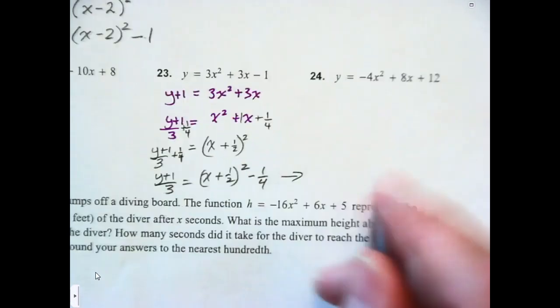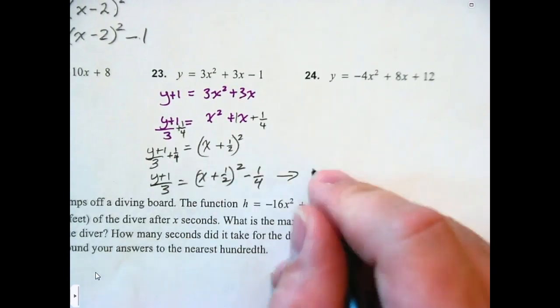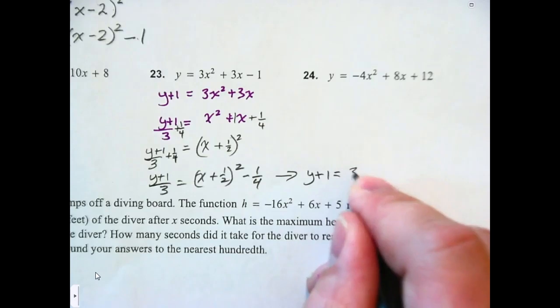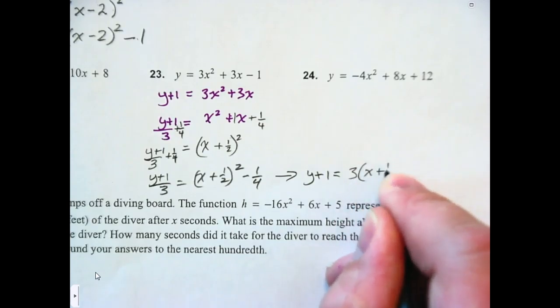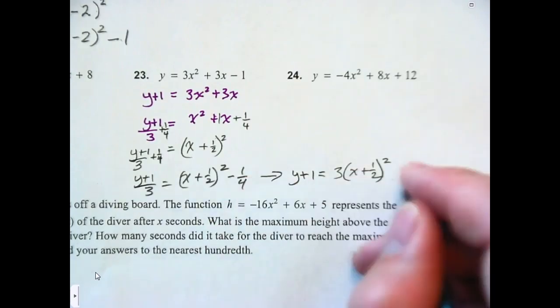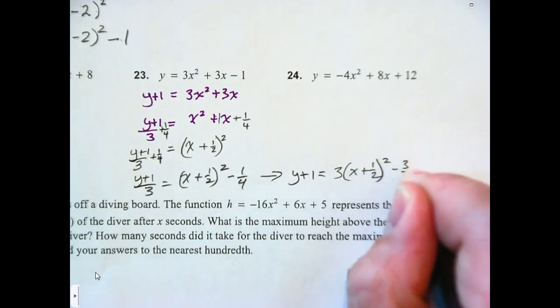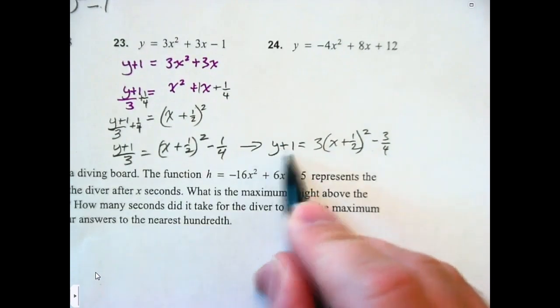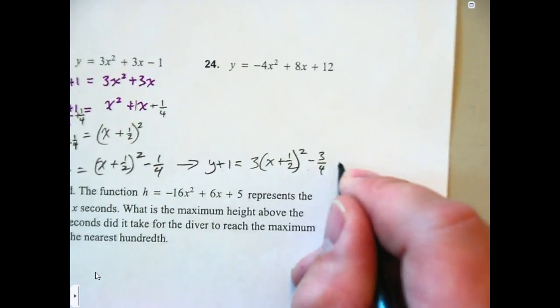So I'm going to work across the page. That means multiply that first part by 3. So 3 times x plus 1/2. And then 3 times negative 1/4 is negative 3/4. And then move that 1 over by subtracting 1.